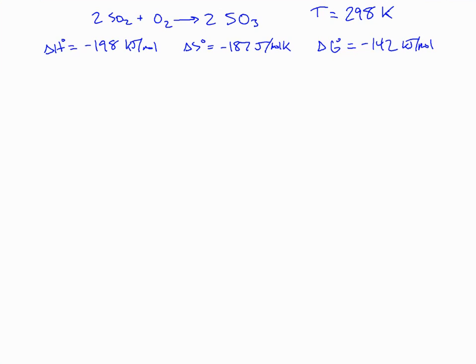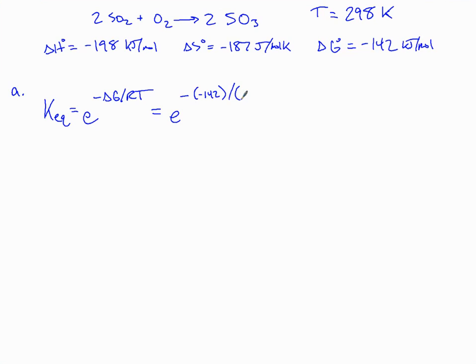First question says, calculate the value of the equilibrium constant at 25 degrees Celsius. At a standard state, what is K? And so the formula that we just derived, or didn't derive, at the top of the page: K equals E to the negative delta G divided by RT. So negative, and here's delta G, negative 142. I'm going to leave the units off for simplicity here.